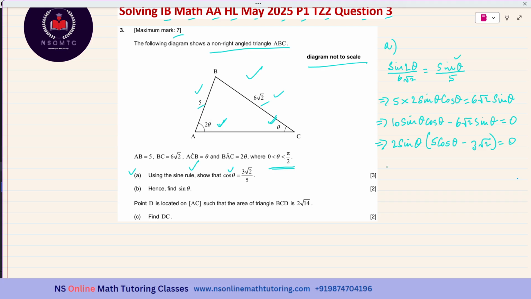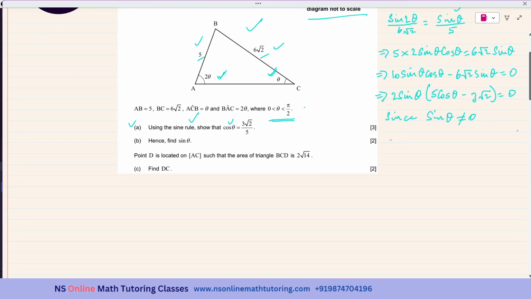Since theta is not equal to 0, sine theta cannot be equal to 0, because theta is greater than 0 but less than pi over 2.